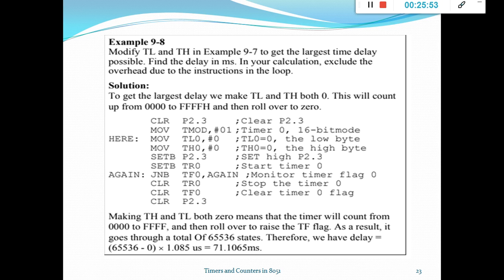When you calculate for the entire period, that is 71.1065 millisecond into 2. So whenever the question is asked to write the program for the largest time delay, see that you have to load TH0 and TL0 as 0000. So you are going to get the largest time delay compared to the remaining initial counts.